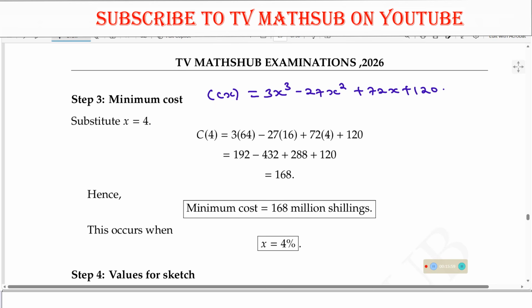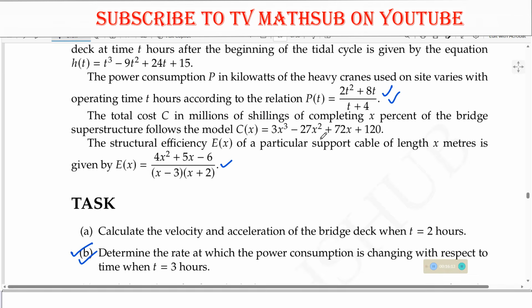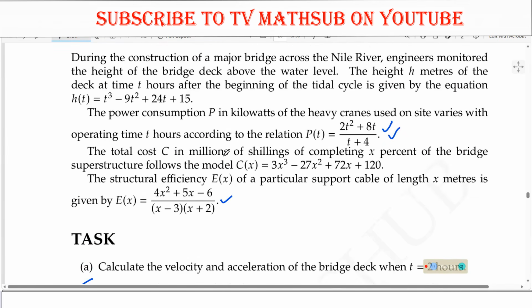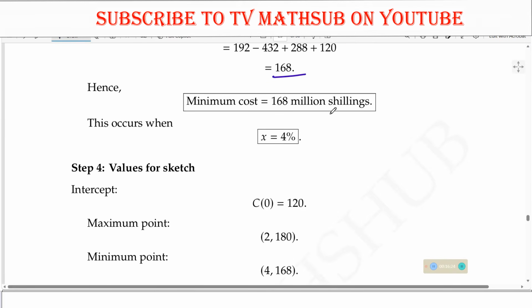So substitute the value of x as 4, and you'll be able to get c of 4 as 168. So that will be the minimum cost. Remember this cost is in millions of shillings. So it means the minimum cost will be 168 million shillings.